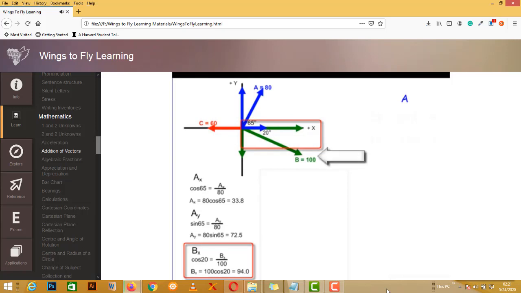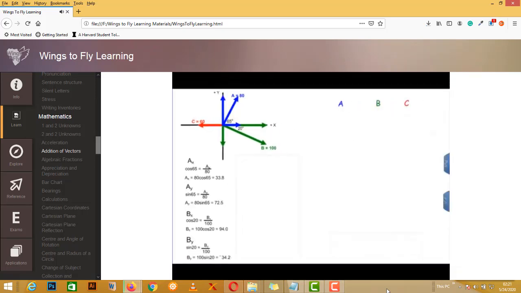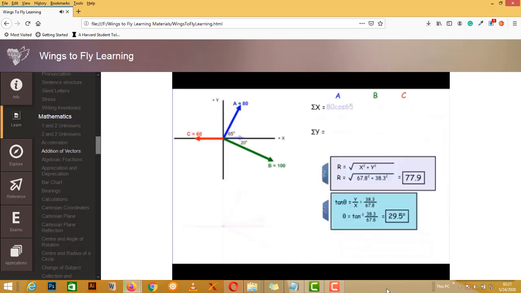So B sub x is then equal to 100 cosine 20, which is 94.0. Now the 100 cosine 20 is the value that we put in on the previous slide, right here. Here's the 80 cosine 65, and the x component of vector B is the 100 cosine 20. So that's where those values came from if you were puzzled by that.